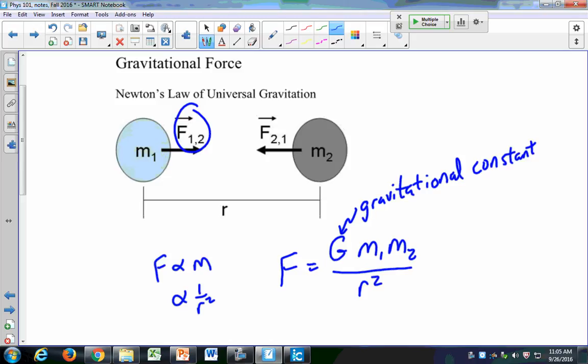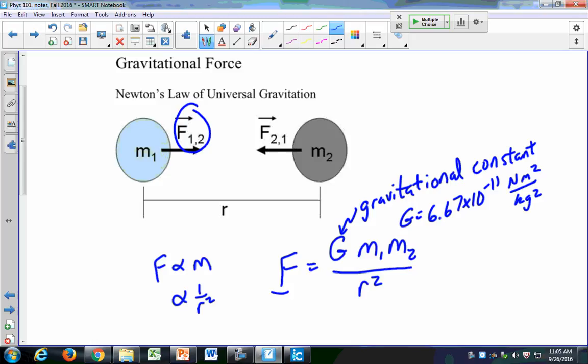G is equal to 6.67 times 10 to the minus 11. You don't need to know the number. If you need to calculate anything with this, I will give you that number. It is in units of newton meter squared over kilogram squared. Is that right? Yeah, so that gives me units of newtons for my force.